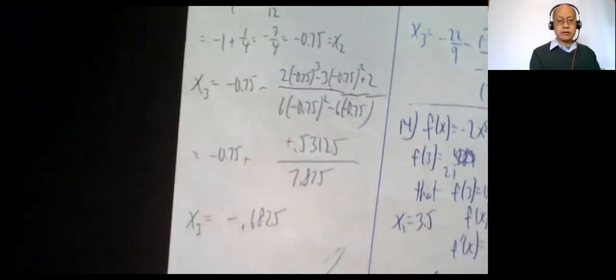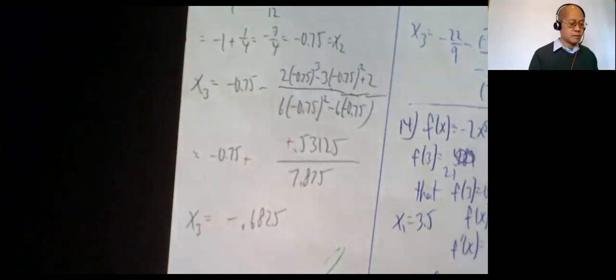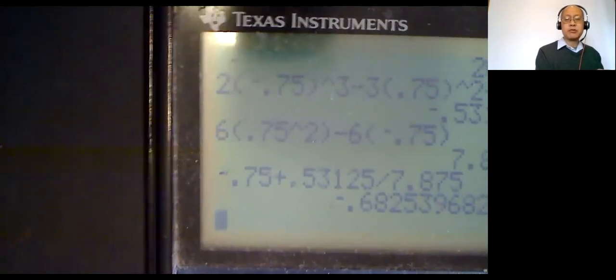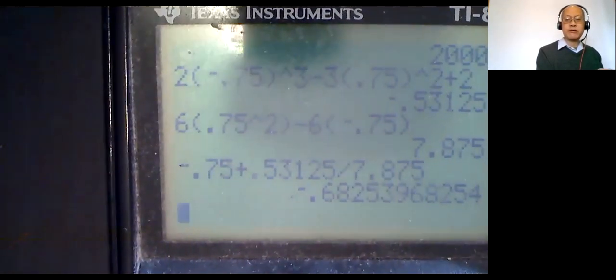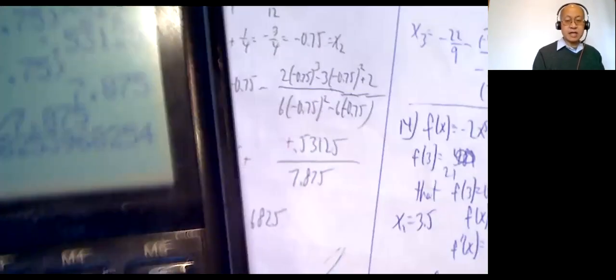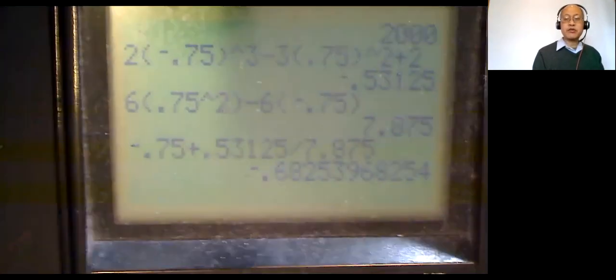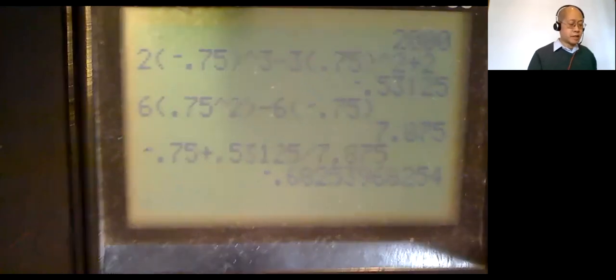Let me actually show you that. Yes, I applied a double negative over here. So -0.75 plus 0.53125 divided by 7.875 is -0.68253, which to 4 decimal places is -0.6825.